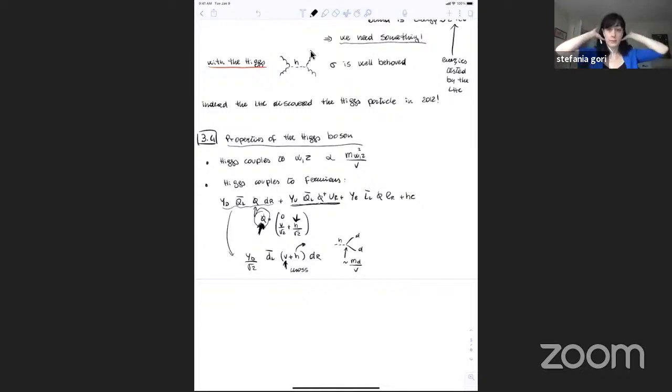For protons, it's about 5%. The rest is coming from color dynamics, from confinement.